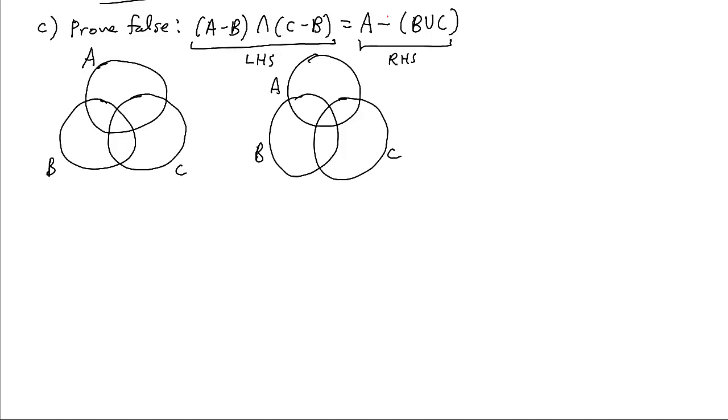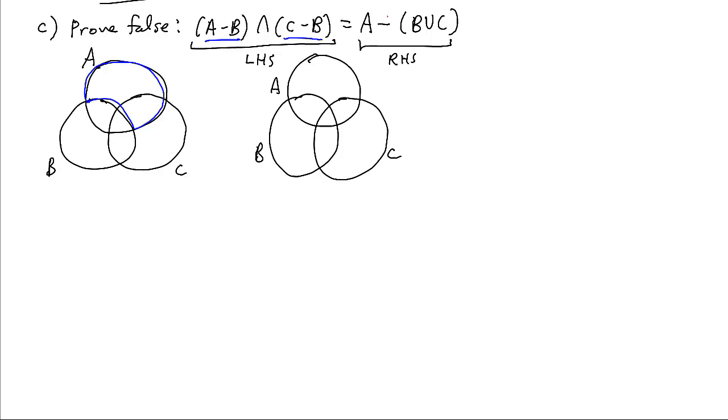On the left I have an intersection, so I've got to figure out where these two regions overlap, the A minus B and the C minus B. A minus B is this one. Maybe I'll use a different color, maybe green.